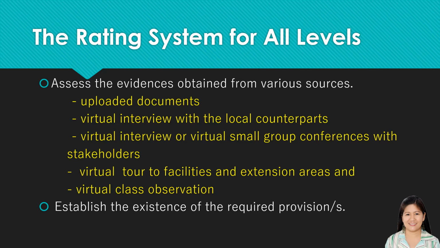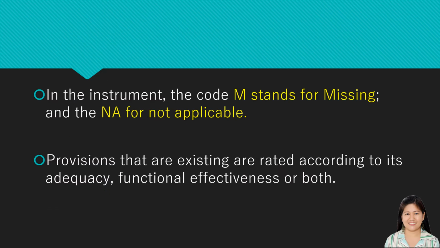Moreover, the rating system also established the existence of the required provisions. You will notice that in the instrument, the code M stands for missing and NA for not applicable.